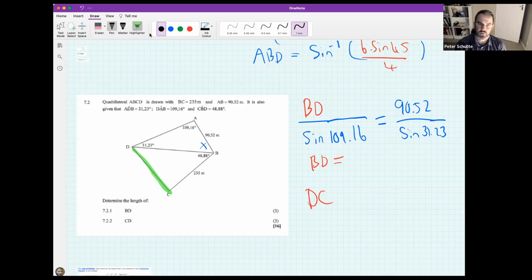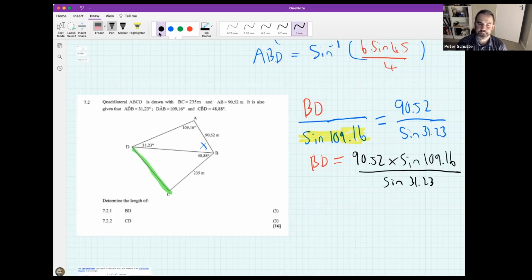So I guess I want to move this whole thing across. So I'm going to get, what's that value going to be? I can put this in my calculator if I want.